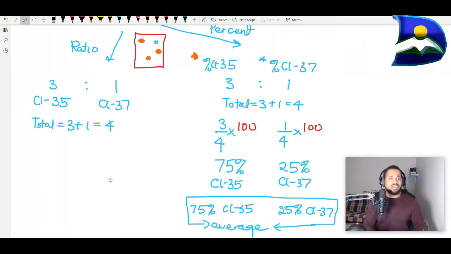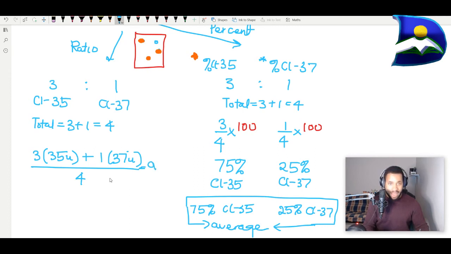So it means here that we need to take into consideration that 3 of the 4 particles have a weight that is 35 U, plus out of 4, one of them has a weight that is 37 U, and this is divided by 4 because we have a total number of particles to be 4, and this here is equal to our average atomic weight for chlorine.